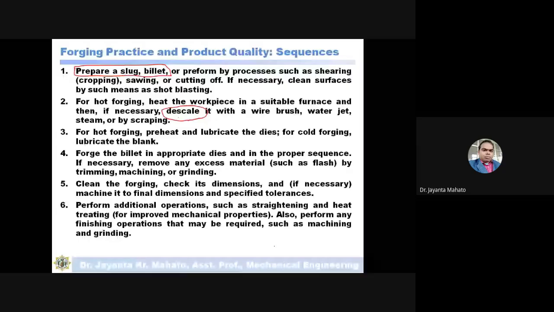Also perform any finishing operations that may be required, such as machining and grinding. So if any grinding operation is required, then you can perform it. And at the last, inspect the product. Inspect the forging for any external and internal defects.